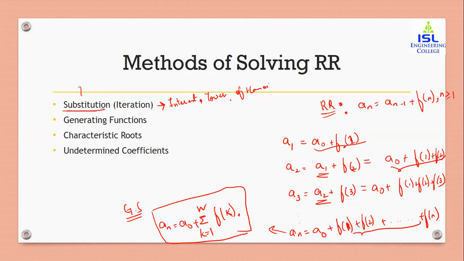Apart from this problem, our compound interest problem, Tower of Hanoi problem, and even a few examples that I gave in the introduction of this chapter were solved using the substitution method. What is the substitution method? We keep on substituting the previous term's result into the next term's result so that we are not using any kind of formula. We just substitute and get a general formula.